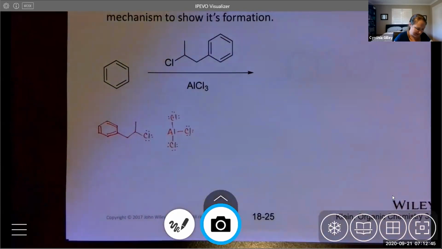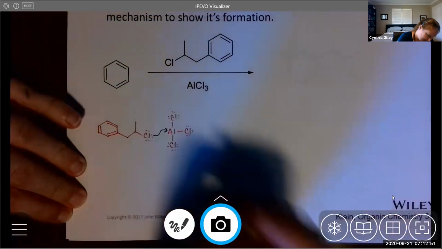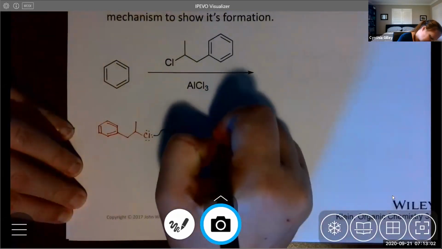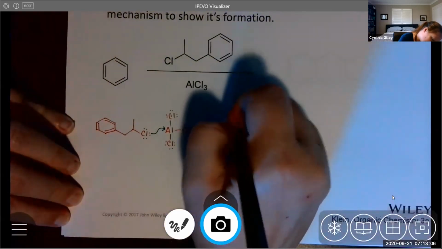And the first step is that Lewis acid base reaction, right? So the alkyl halide's lone pair on its chlorine will act as a Lewis base and form a bond with the aluminum, which is electron deficient. So that's going to form the Lewis acid base complex.